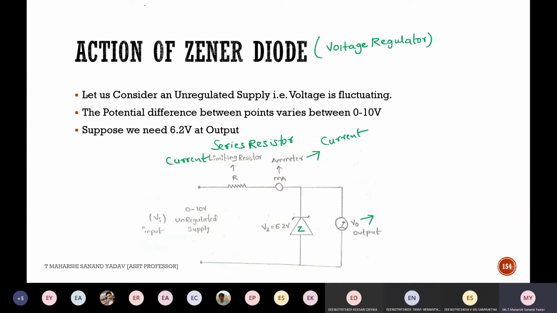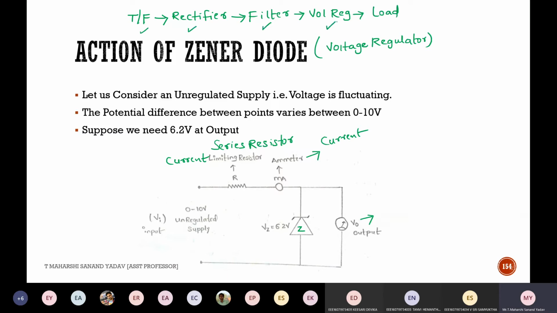You know all this concept, right? First it starts with the transformer. After the transformer, we have the rectifier, then the filter, then the voltage regulator, then the load. We are done with the transformer, rectifier and filter.